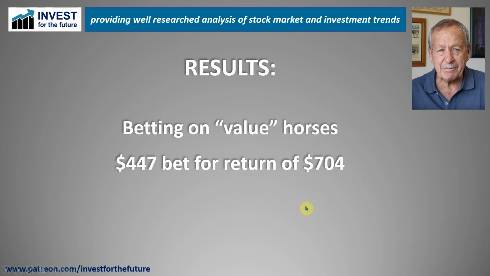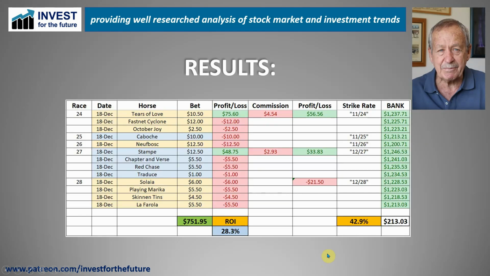But if you do bet on just the value horses, which I've been talking about on my Friday wagon wheel reports, the value betting would have required you to place $447 of bets for a return of $704. And the strike rate of doing it there is a bit over 40%. In fact, looking at the strike rate as it currently stands after last Saturday's results, we've had 28 races since I started doing this on Wagon Wheel Friday.